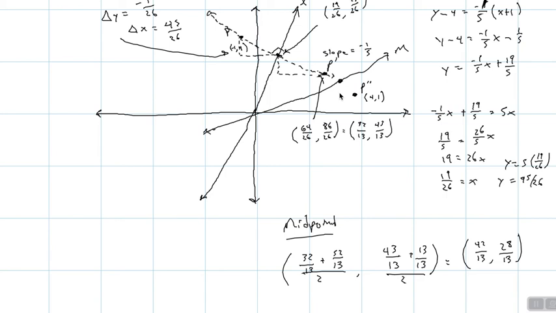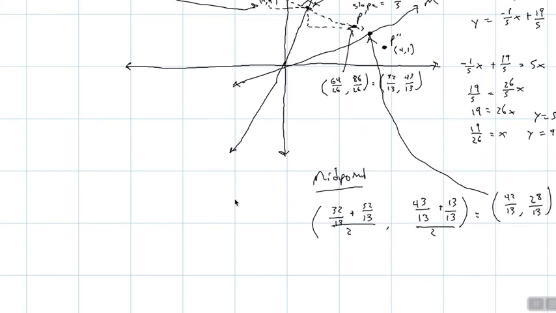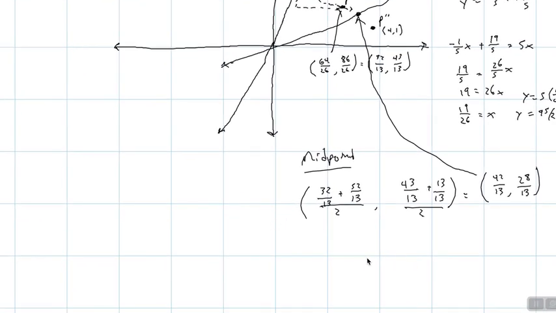So this coordinate right here that's also on line M is 42/13, comma 28/13. So we know 2 points on that line are 0, 0, because we know it goes through the origin, and 42/13, comma 28/13.